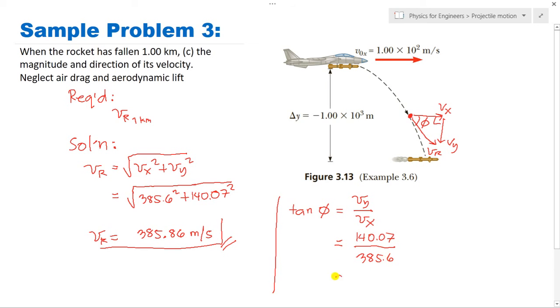So therefore, our phi is just the arctangent of this answer. So we have arctangent of 140.07 all over 385.6. So our final answer is approximately 19.96 degrees. So this is 19.96 degrees relative to the horizontal. So downwards ito na angle. Downward.